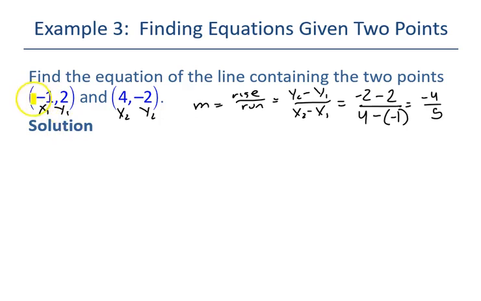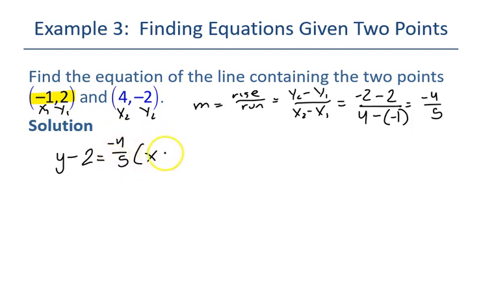You just have to pick one point that you want to use and then run with it from there. So I'm going to go ahead and just pick this guy right there. And he's going to be what I'm going to put in point-slope form. And then I'll put him in slope-intercept form. Okay, so let's come in here and I've got my y minus, well, my y1 is going to be this 2. All equal to, well, here's my slope, which is -4 over 5.